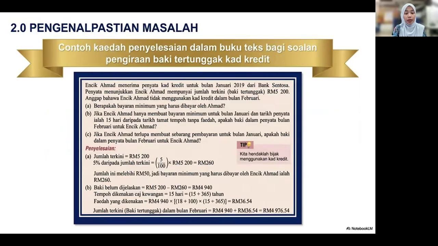For example, in the textbook, the solution for a credit card outstanding balance question involves several steps and a long calculation process. Although the method is mathematically correct, some students found it difficult to identify which information was important and why each step was needed.